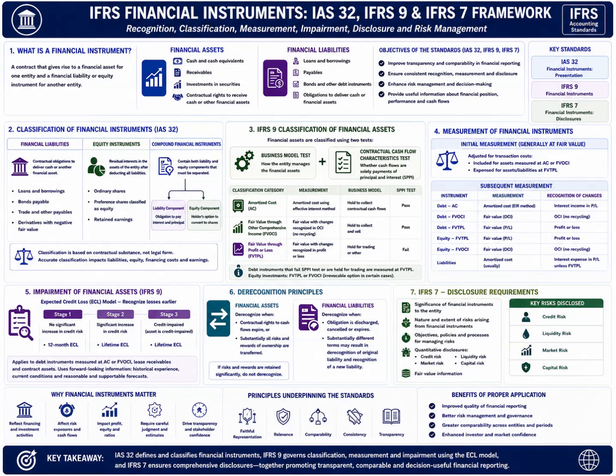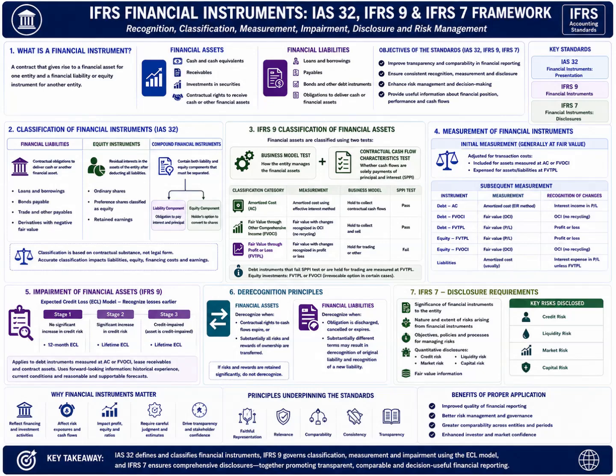Overall, IAS 32, IFRS 9, and IFRS 7 provide a comprehensive framework for accounting, measuring, disclosing, and managing financial instruments within international financial reporting. These standards improve transparency by ensuring that financial risks, financing obligations, investment activities, and hedging strategies are reflected accurately in financial statements.